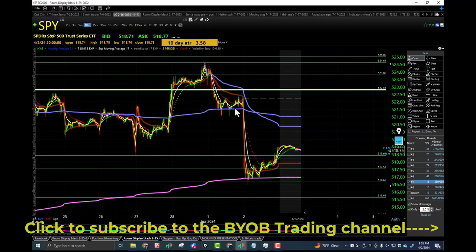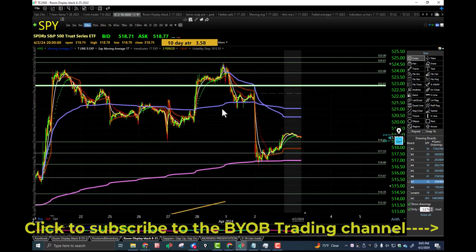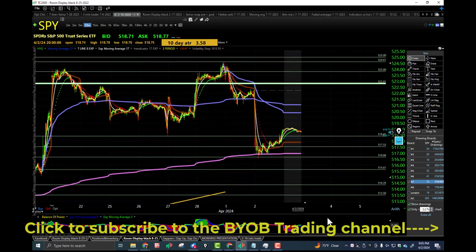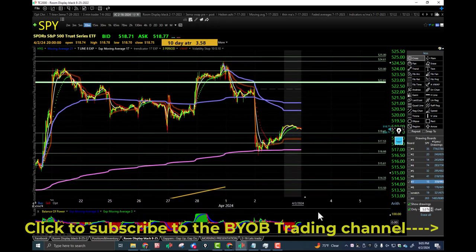This is powerful: volume weighted average price. Straight up volume, I've never taken a trade based on volume. Never. And if I did, I was not successful.